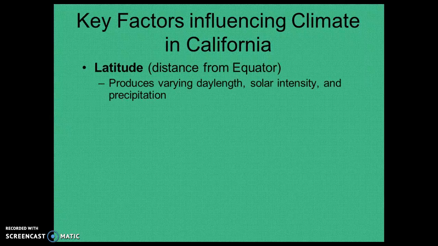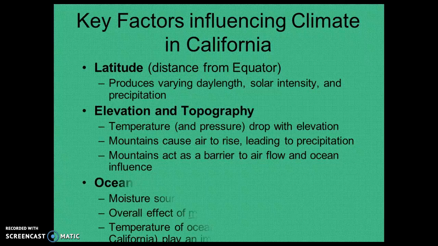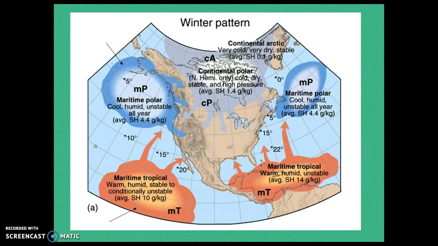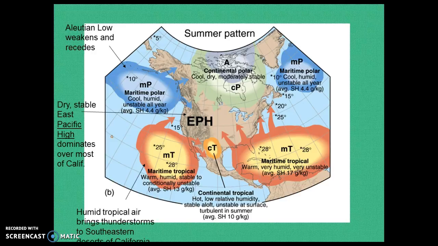Okay, so factors influencing climate, of course, latitude, elevation and topography, and ocean influence. So you want to spend a little time reviewing these for yourself. The role of these unique air masses, the Aleutian Low in the winter, and the East Pacific High in the summer.